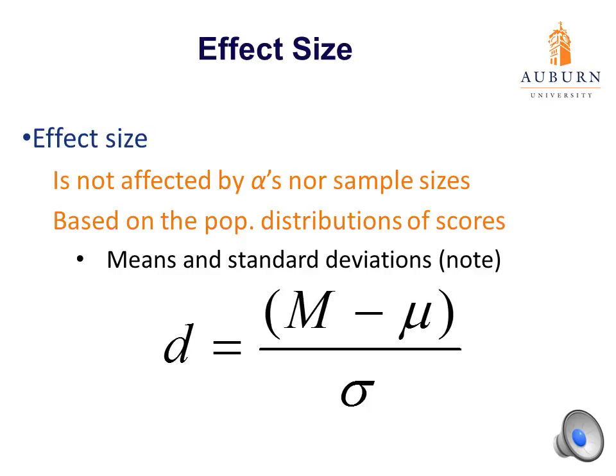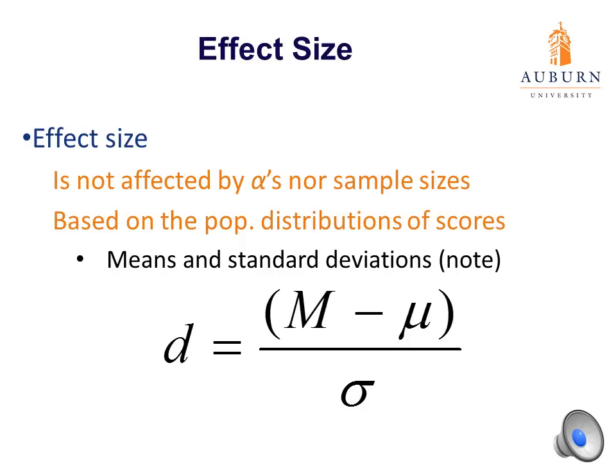So if we look at our formula, we have the symbol D, that stands for Cohen's d, and in our formula we will take the mean of our sample, we will subtract the mean in the population, and then divide by the standard deviation. And so again, note, we're using standard deviation now, we're not using standard error. And so that tells us a result at the individual level rather than the group level.